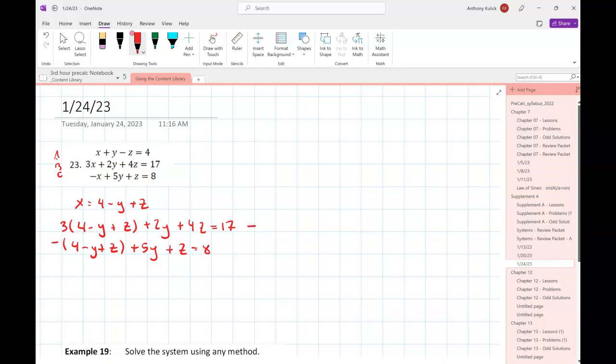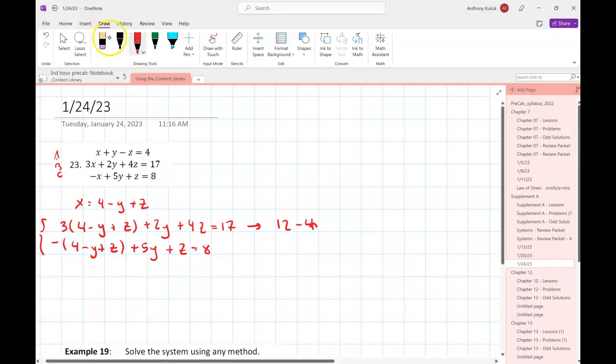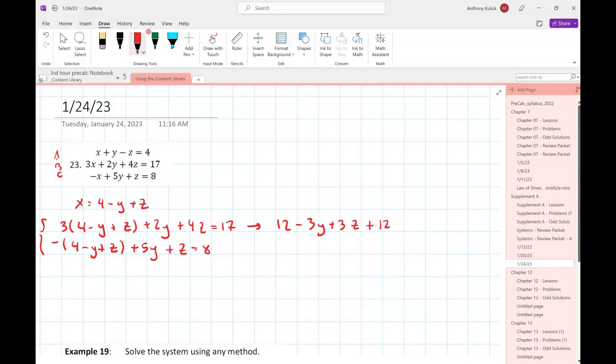Okay, so if we distribute the 3 through, oops. Why is that? And distribute the negative sign through.